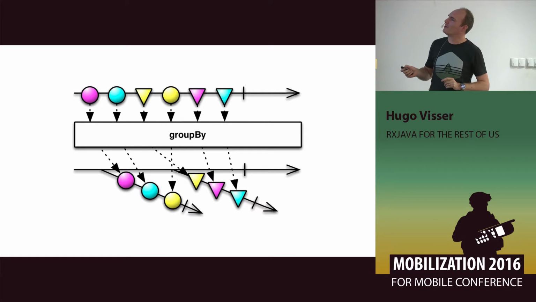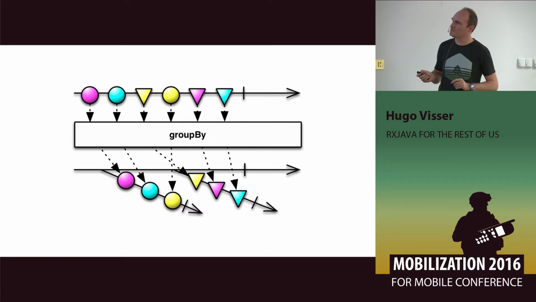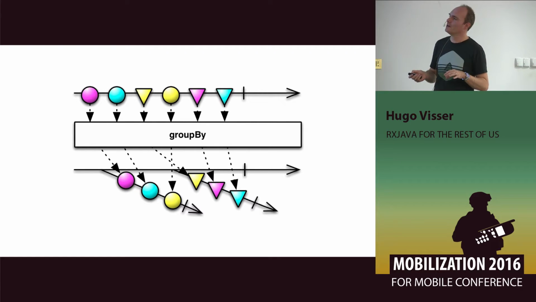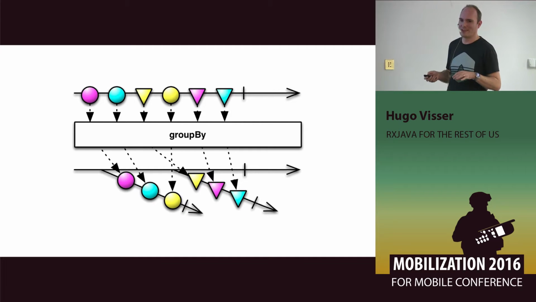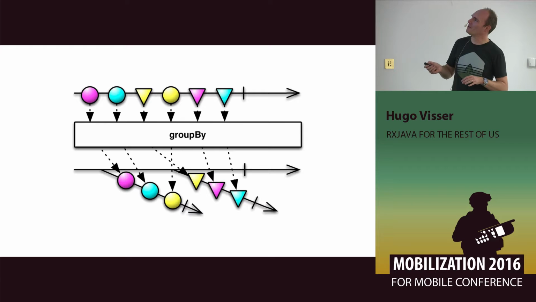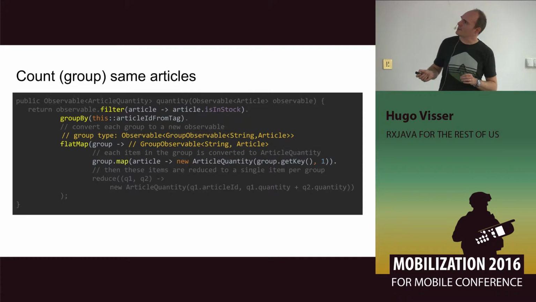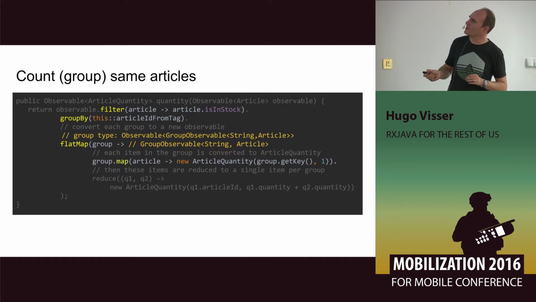These are the various events, and then you have your group by function, and what it then emits is not just new values, but it's actually emitting a new observable of observables. So what happens? All of these circles are getting grouped in a new observable, and all of the triangles are also grouped.